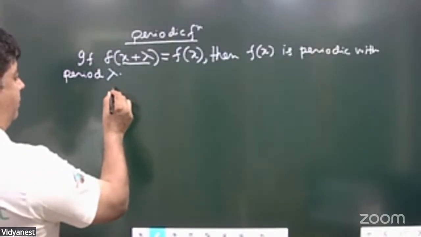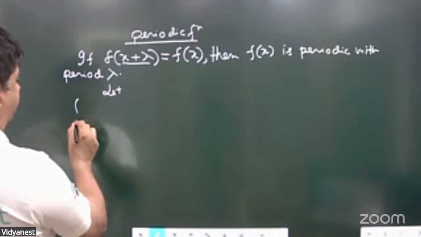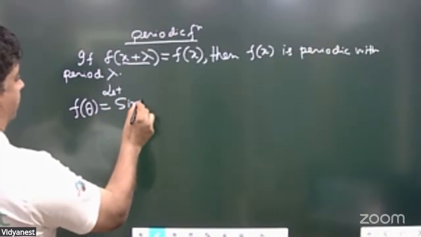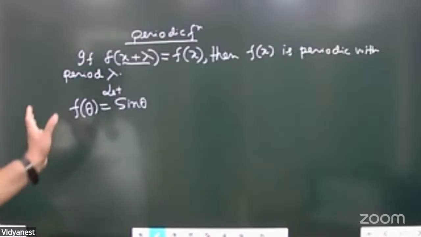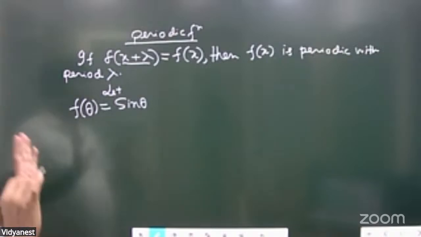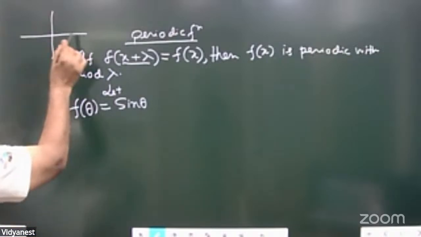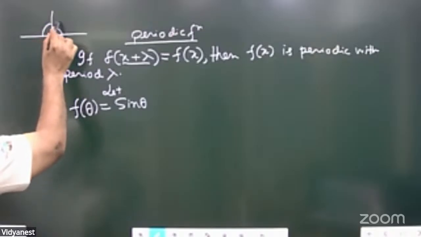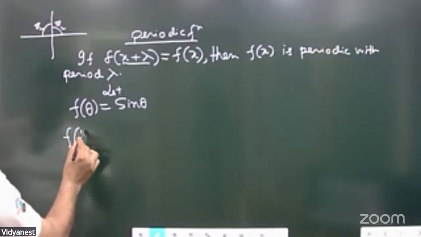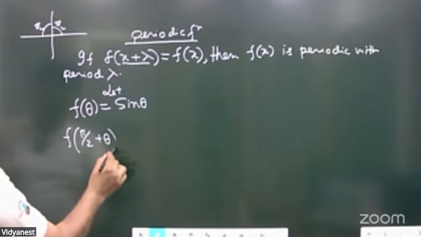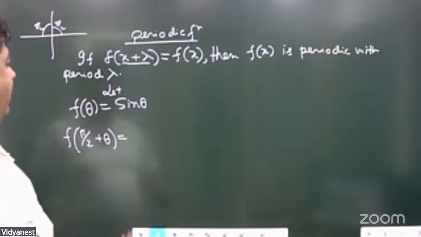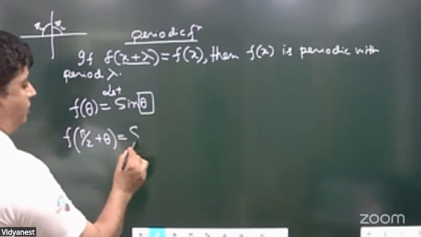One example, let f(theta) is equal to sine theta. Now sine theta means once trigonometry is involved, each quadrant's angular value will be pi by 2. So let us give an increment of pi by 2 in theta.